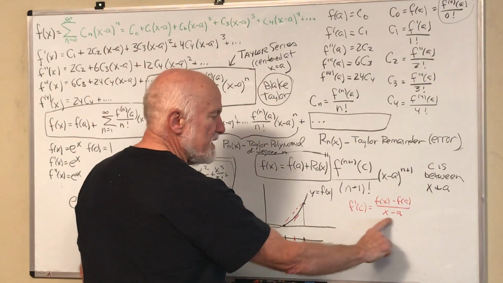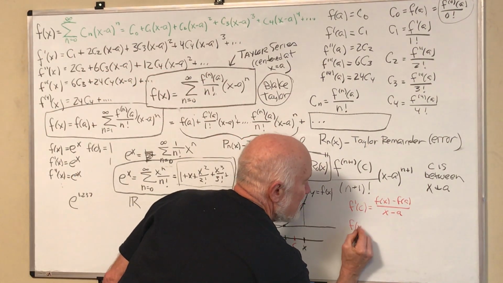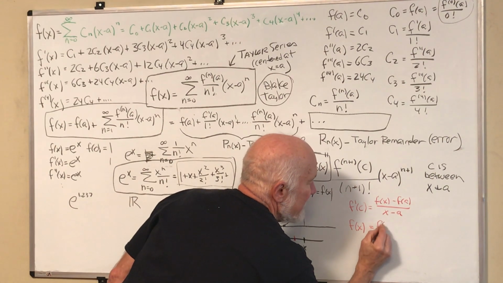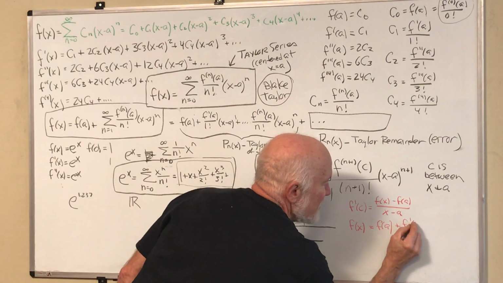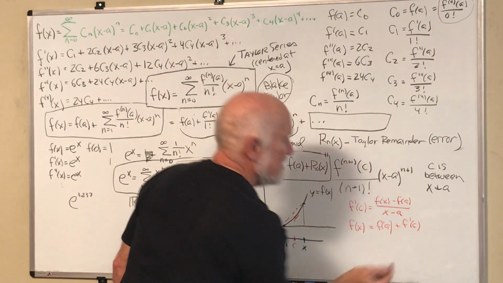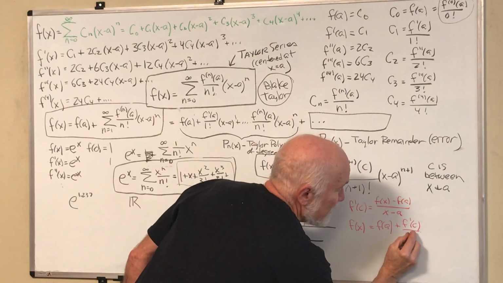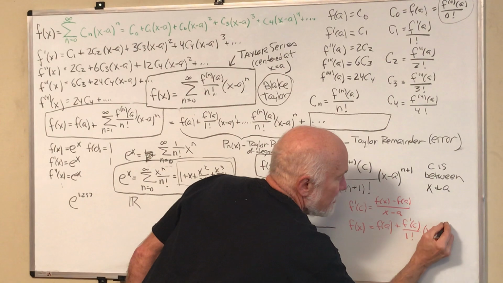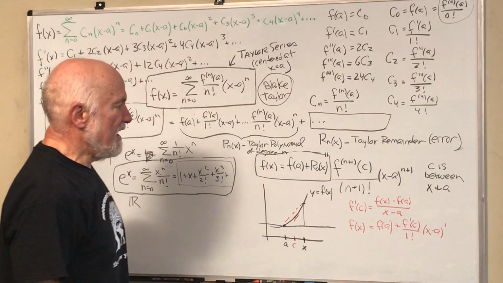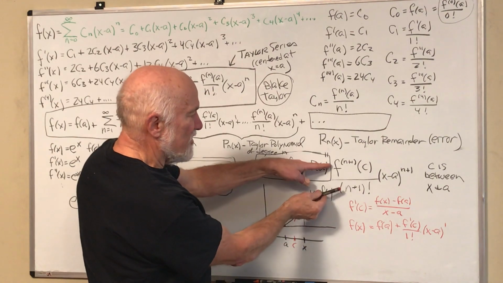So just by manipulating this a little bit, you get f of x equals f of a plus f prime of c times, and I'll put it over 1 factorial, times x minus a to the first. And I think you can see that that's exactly what Taylor's remainder is saying.